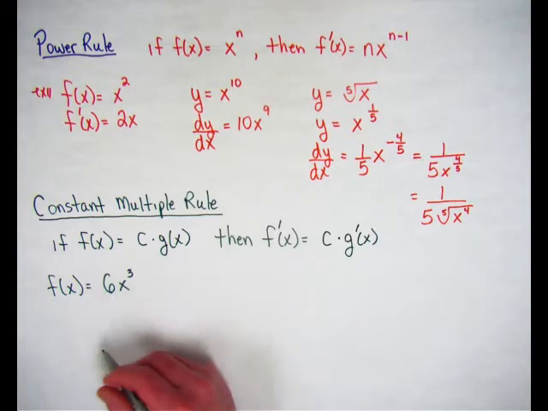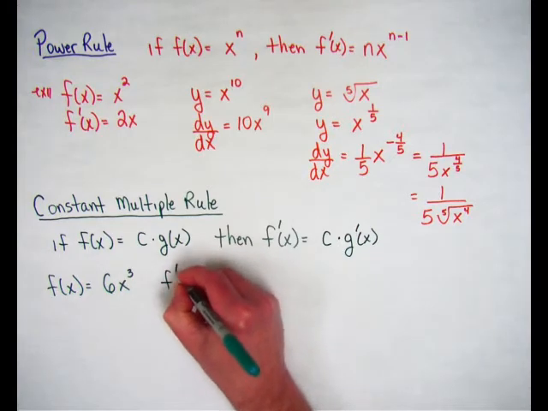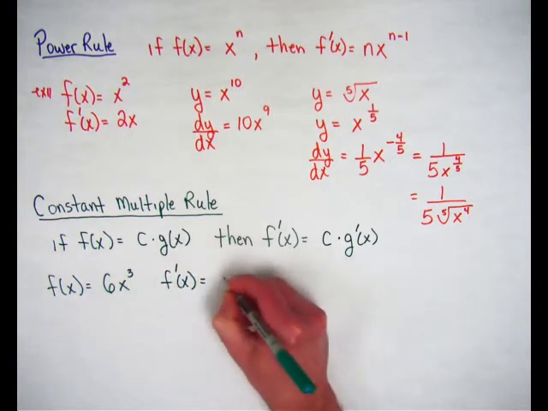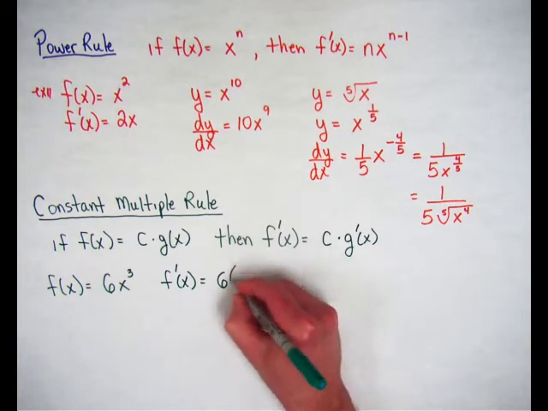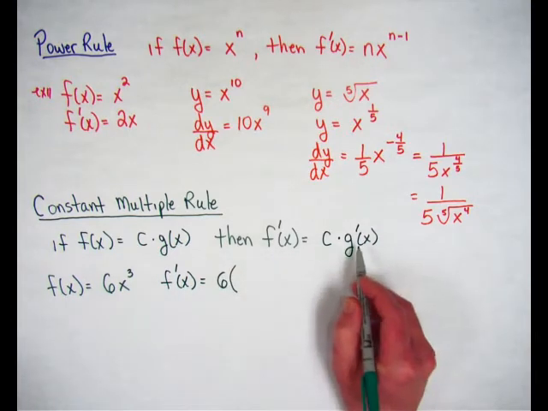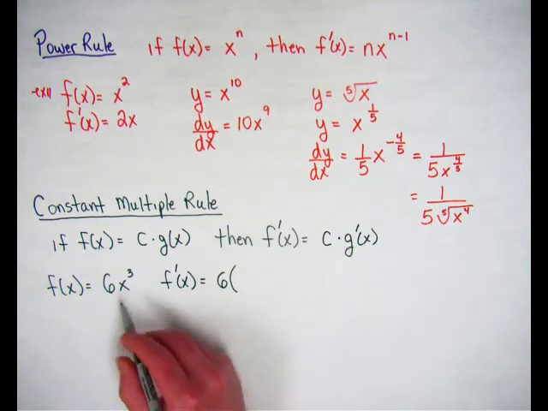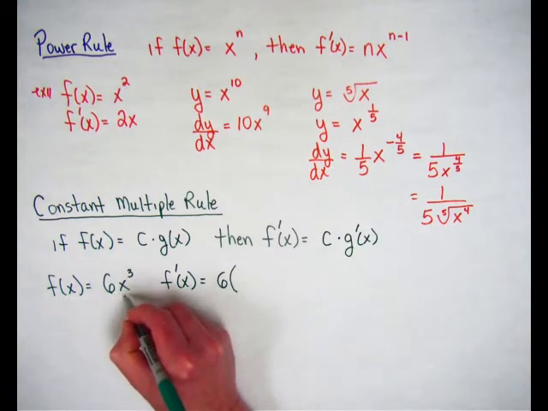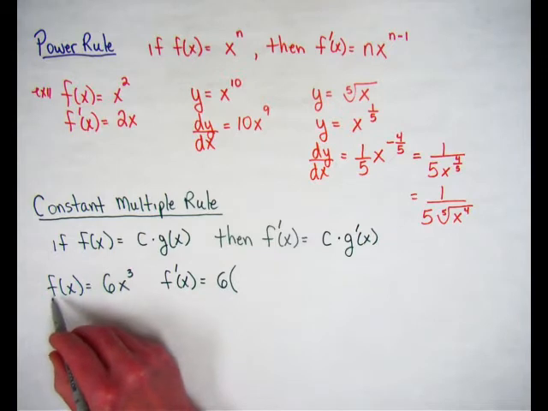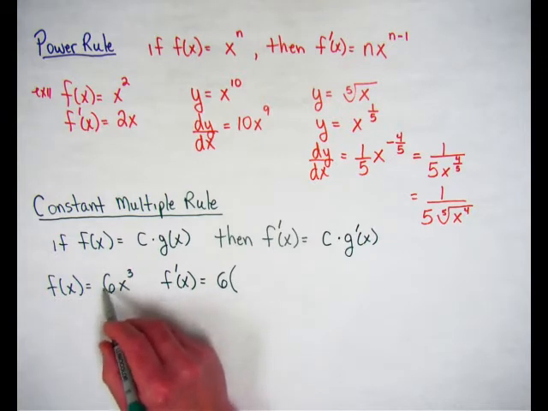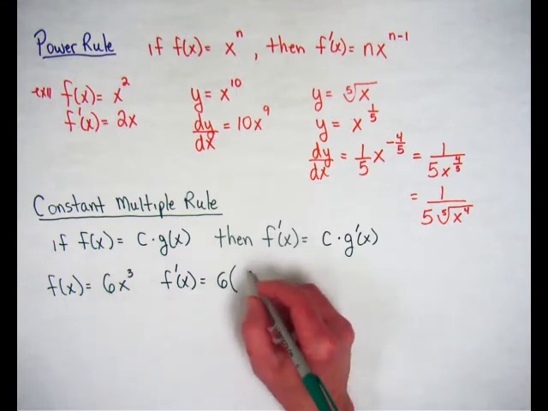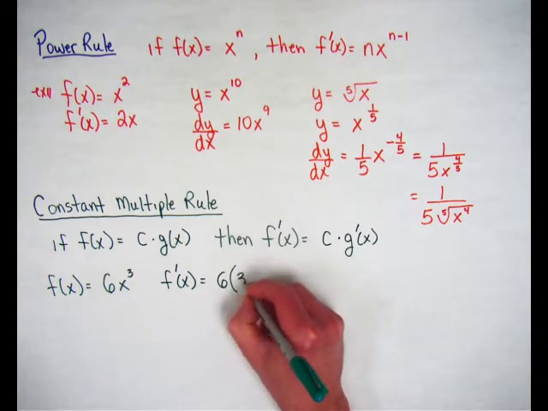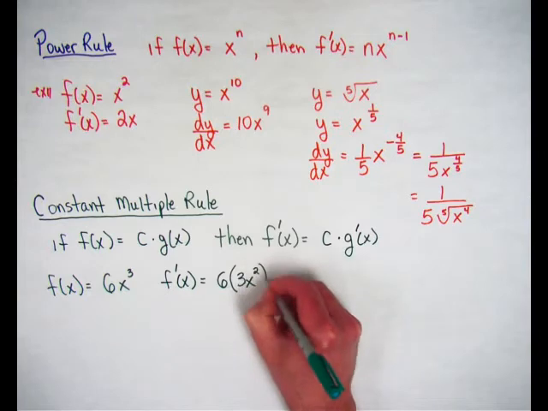Well, according to this rule, what you would do if you wanted to find the derivative is you would just leave the 6 alone, just leave the constant alone, and then you'd multiply that by the derivative of whatever g is. In this case, g is the x cubed. The original function f isn't just x cubed, it's 6x cubed. So g itself is just the x cubed. Now x cubed is just a power, so the derivative would be 3x squared.